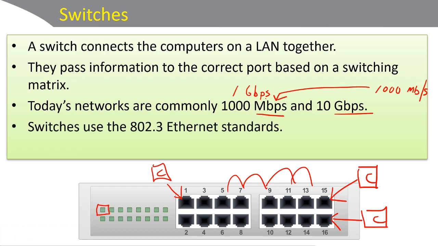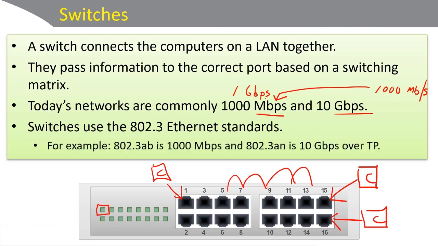Switches work within the Ethernet standard. That's the most common networking standard used today, and it was ratified by the IEEE, and it's documented in the 802.3 set of standards.